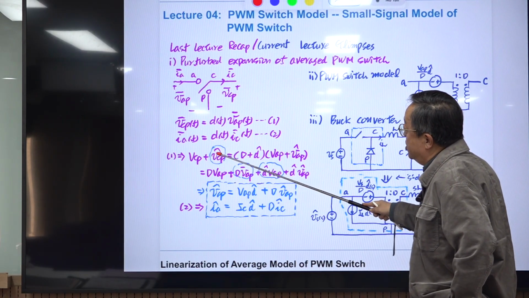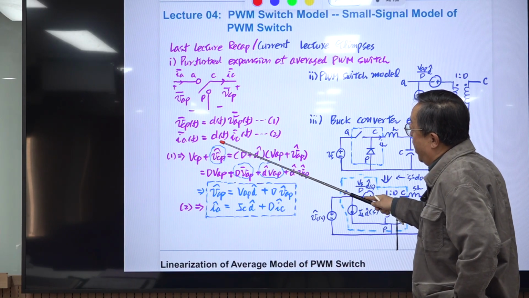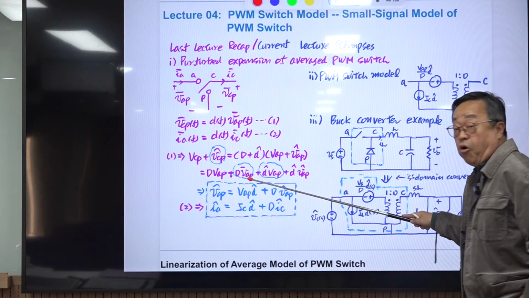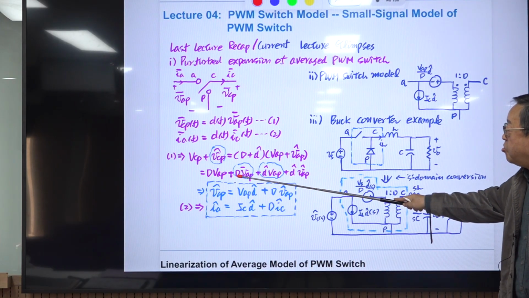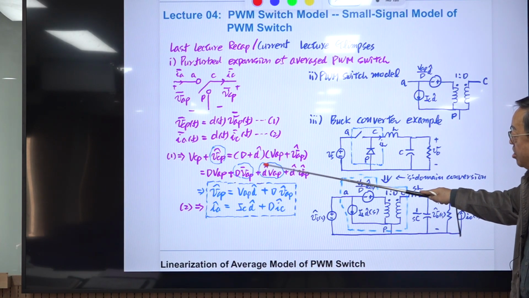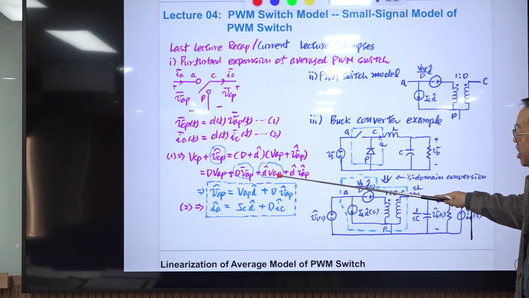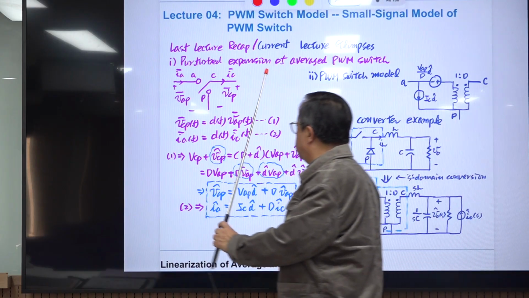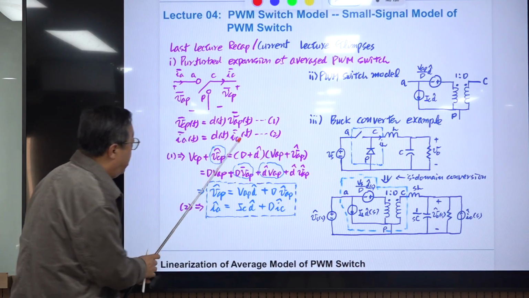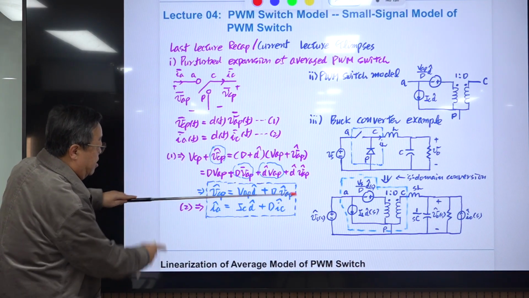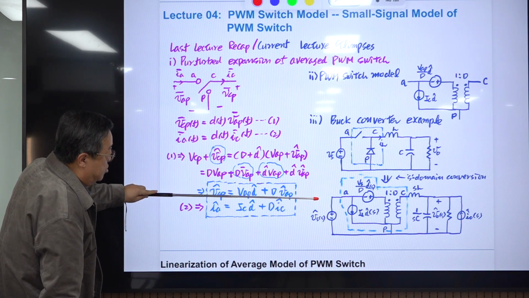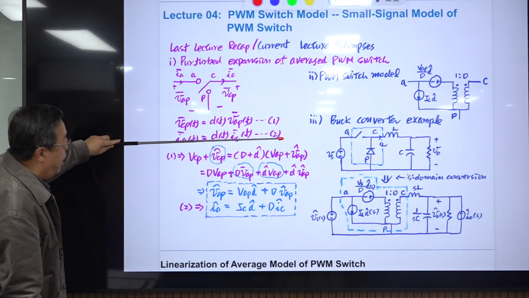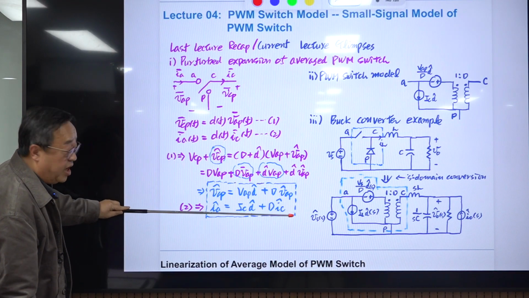So we have VCP hat here, and this is the first order AC term, and D is the coefficient of this, and this is the AC component. VAP is the DC component. Then the relationship is this one. By collecting this and this, equating in this manner, you have this equation, and we apply the same step to equation number 2 to obtain this.